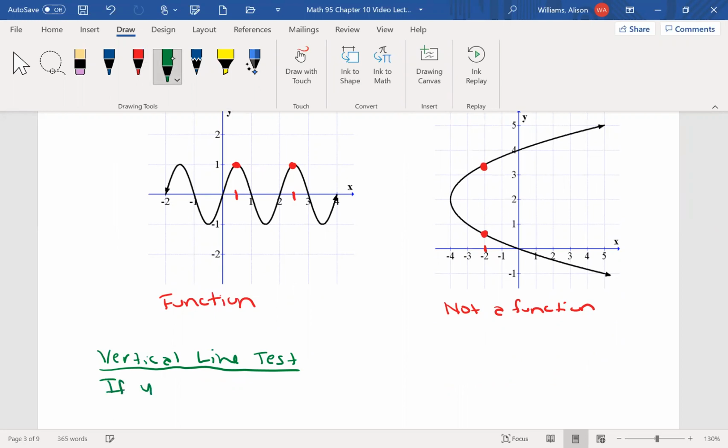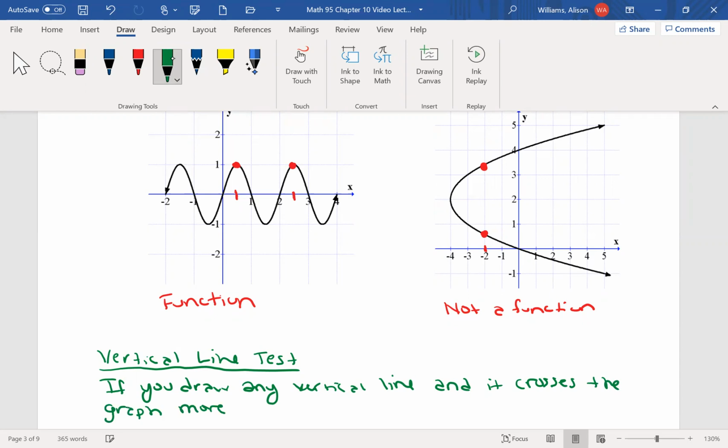So if you draw any vertical line and it crosses the graph more than once, then it isn't a function.